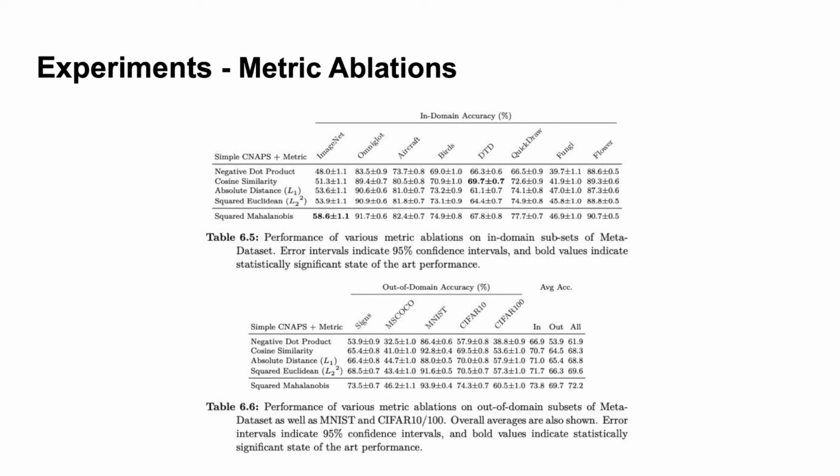We consider the cosine similarity as the distance metric. We consider absolute distance, so, you know, the absolute value of the distance between the two in the space. And we, of course, consider the squared Euclidean distance, which is fundamentally a more narrowed down variation of the Mahalanobis-distance, which assumes identity covariance. And we once again see that the squared Mahalanobis-distance performs much better than all other variations considered, both on in-domain tasks and out-of-domain tasks, and of course, overall.